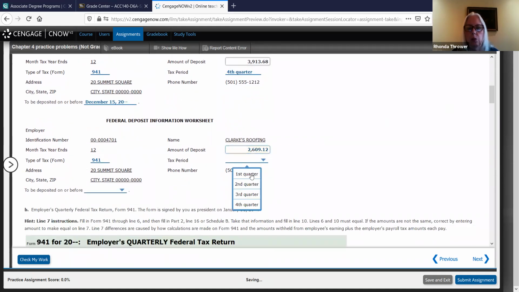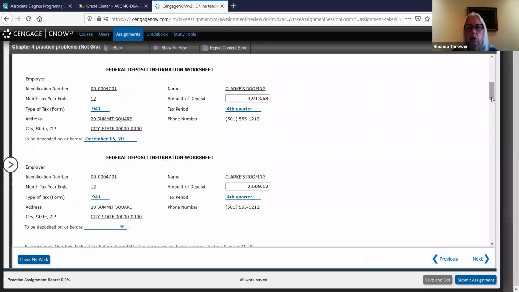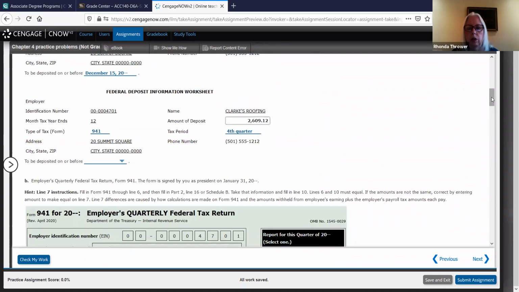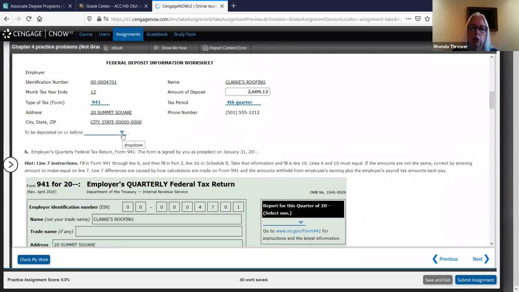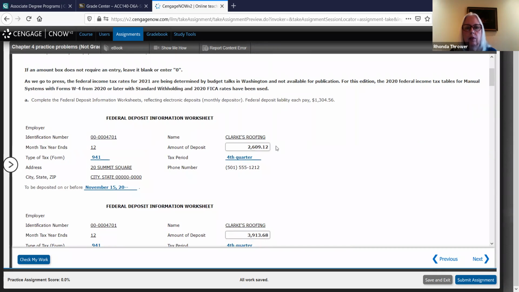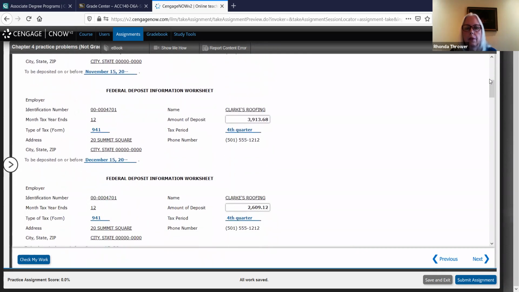And again, this is the 4th quarter that we're working with. Our paydays were in December, so the month following December would be January. By January 15th is when we should have those deposits made. So we are a monthly depositor. We're depositing these amounts, and those amounts depend on the number of pay periods within the month.